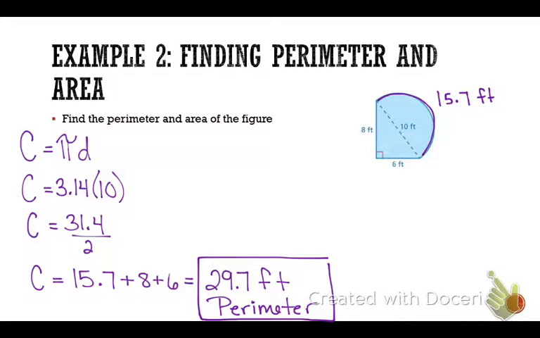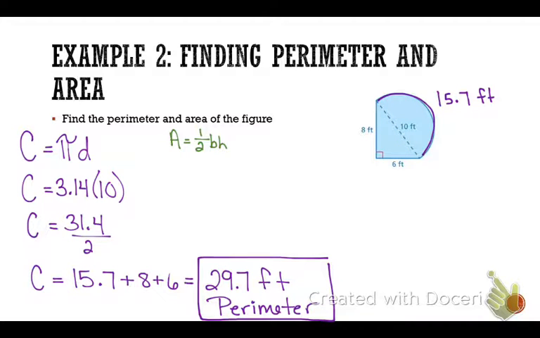Remember, what two figures do I have here? Triangle, semicircle. Okay, so now I need to do the area of the triangle, 1/2 base times height, to figure out how much fills in the triangle. Remember, it's area.